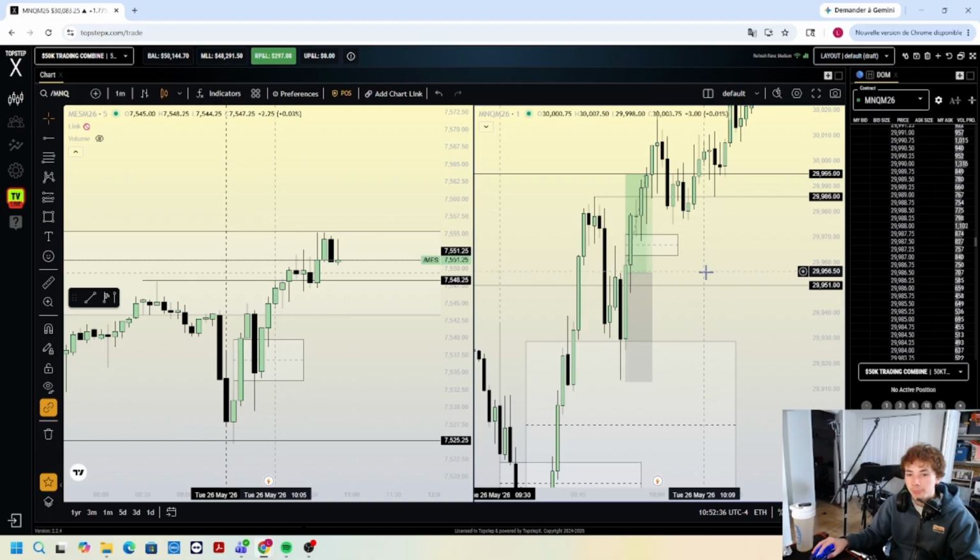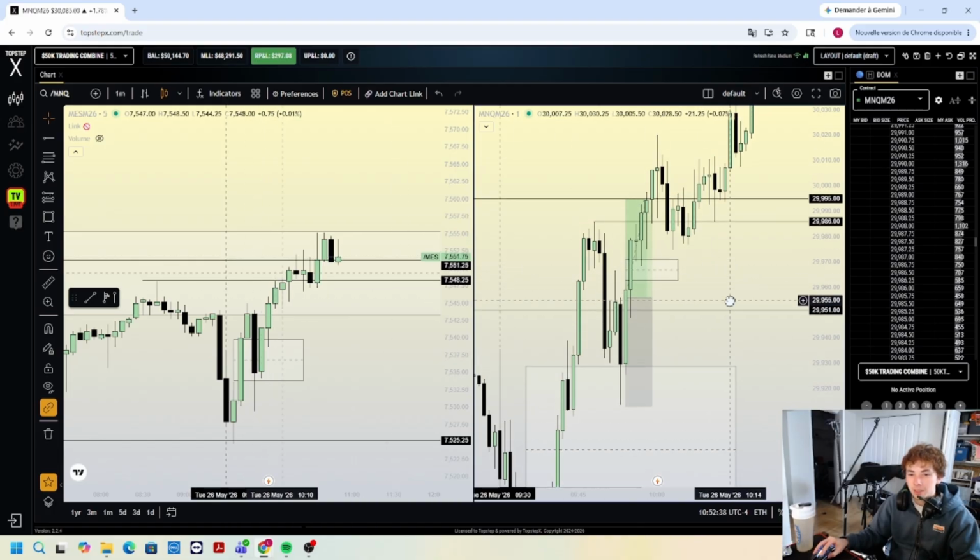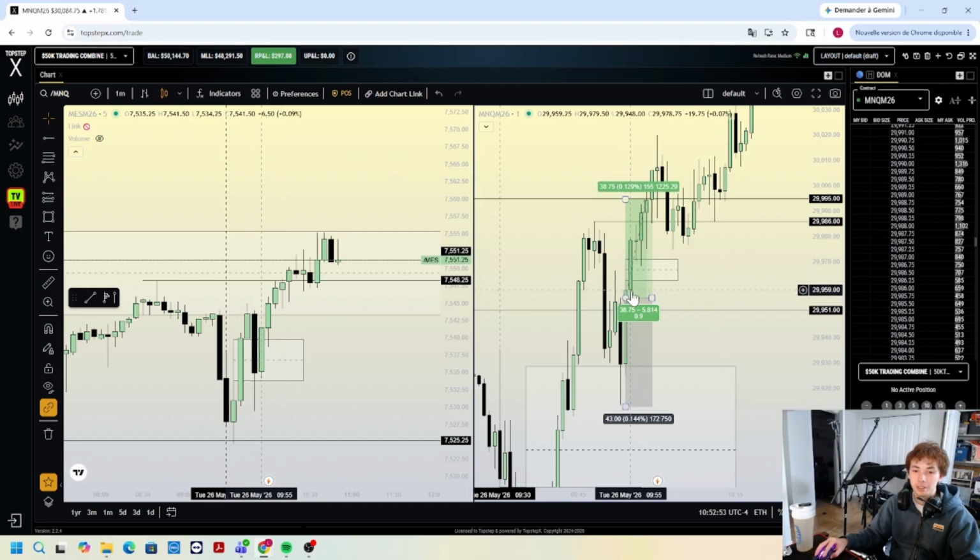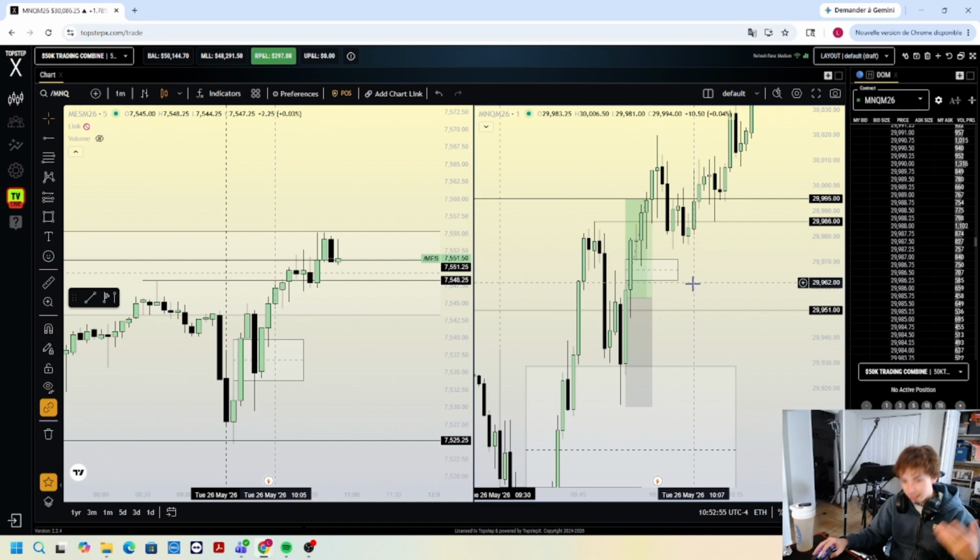But the candle was really aggressive to the upside, so I had to go in. But normally, if I was gonna follow my principles as a reaction trader, as I say all the time, then no, I was supposed to wait for the candle to close right here, and then I know this is a flip to the upside.